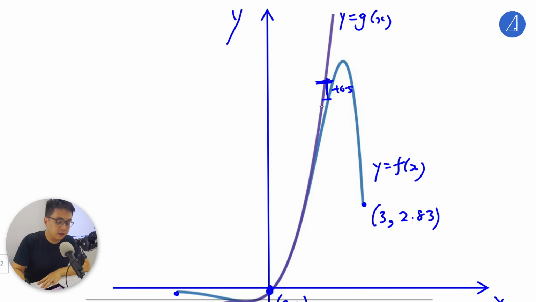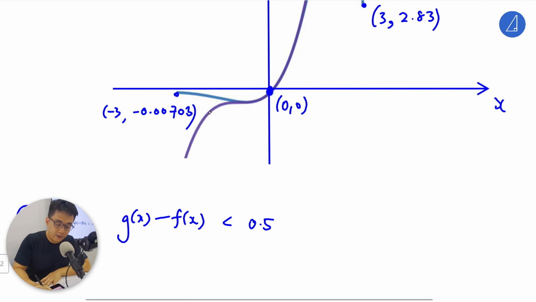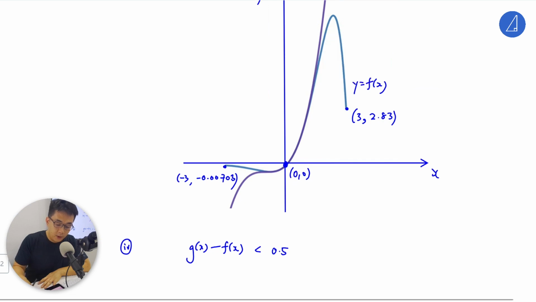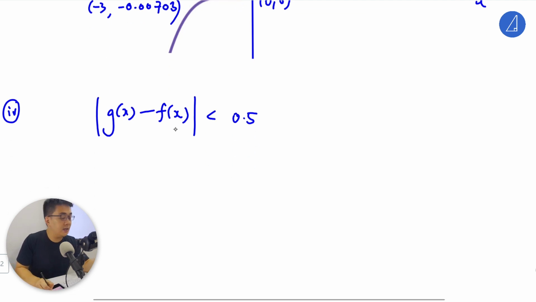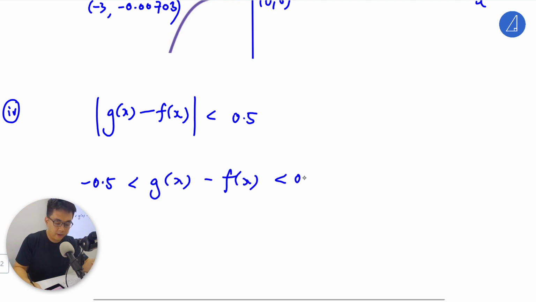Because you take the purple minus of the blue. Don't forget that you can also have minus 0.5 here, okay? So if you want within 0.5, you need to put the modulus sign. Because you can have g(x) bigger than f(x). The reverse is also true. You can have f(x) bigger than g(x). So essentially, this will be negative 0.5 less than g(x) minus f(x) less than 0.5.